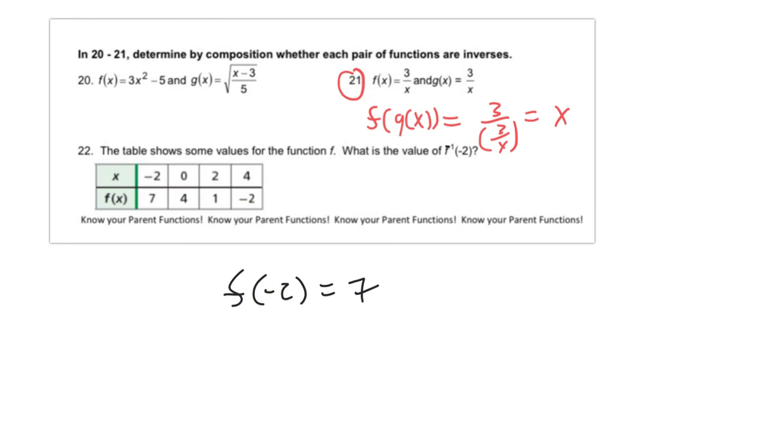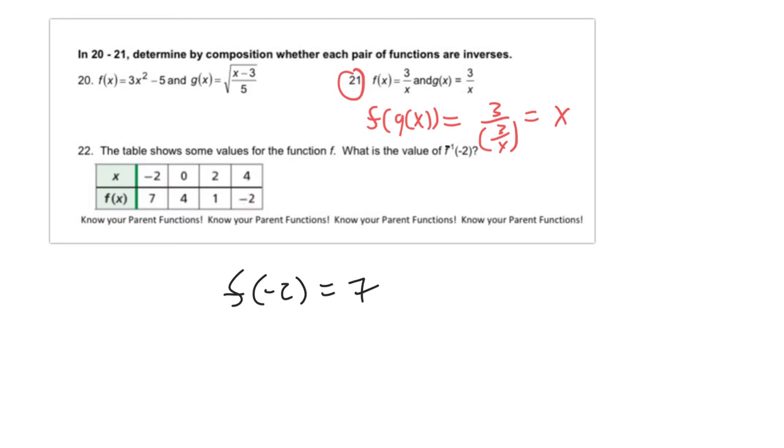Whenever you see f of negative 2, that's basically them saying, when x is negative 2, what does y equal? Well, x is negative 2 here, y equals 7. So f of negative 2 equals 7. But this is the inverse function, so you've got to kind of think backwards with that. When it comes to the inverse function, you're asking, when this is negative 2, what's that?